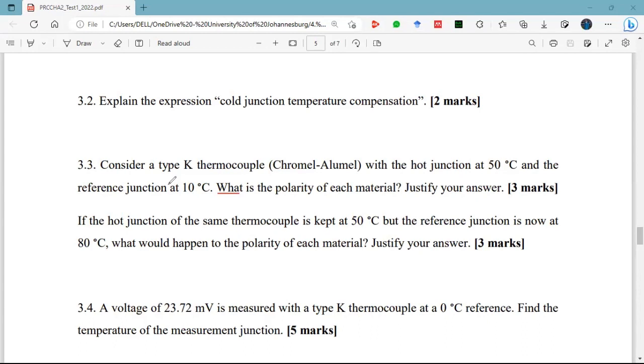So in this case, you'll find that chromium is going to be positively charged, based on the Seebeck coefficient and how the electrons move and how much voltage is induced when it's exposed to a temperature difference, and alumel will be negative. So this is just a standard situation.